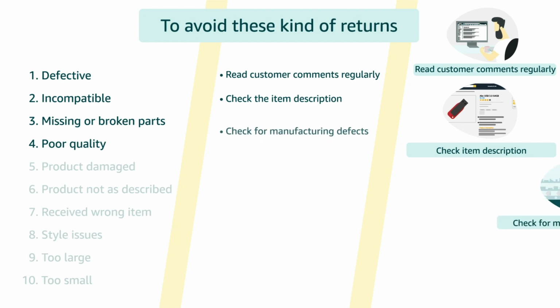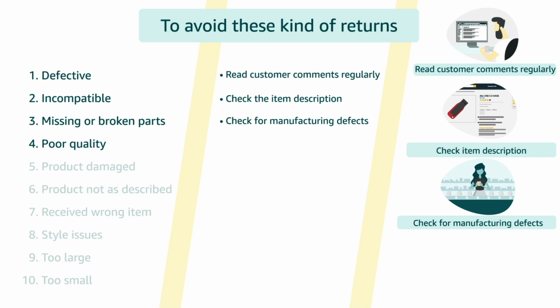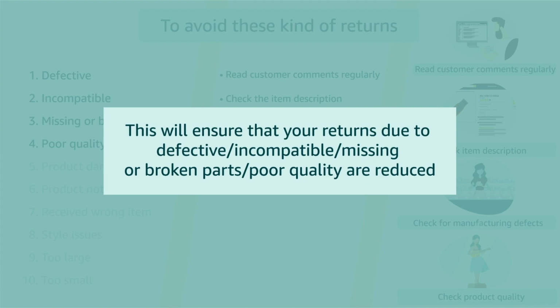Number 3. Check for manufacturing defects and remove affected items from the inventory. Number 4. Focus on product quality while inbound, outbound, or receiving returns. This will ensure that your returns due to defective, incompatible, missing or broken parts, and poor quality are reduced.